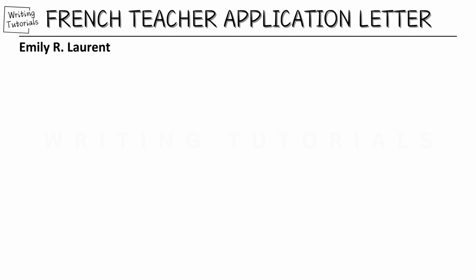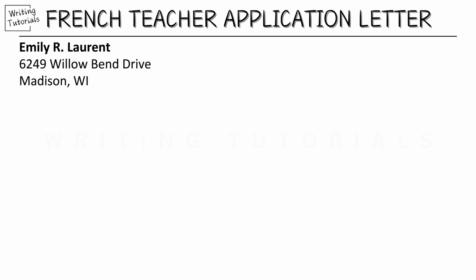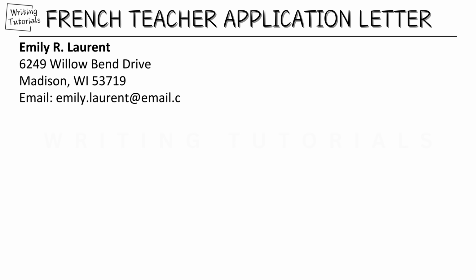We begin with the sender's contact information. This section includes your full name, home address, professional email address, and phone number. This information allows the school to contact you easily and makes your letter look complete and professional. In this letter, the sender's details are written as Emily R. Laurent, 6249 Willow Bend Drive, Madison, WI 53719.